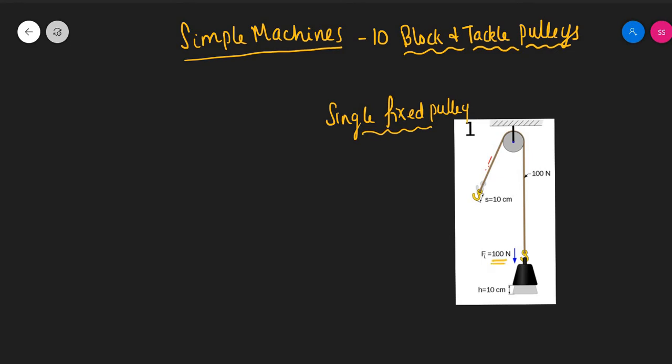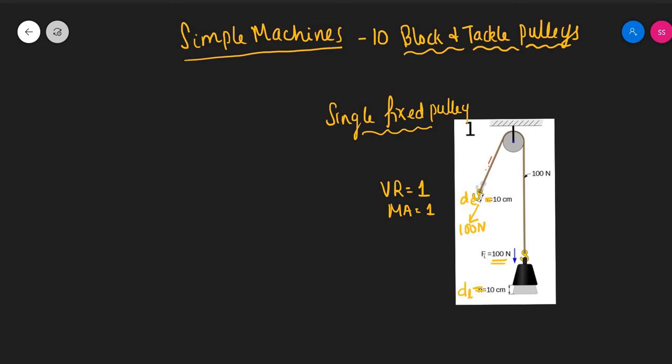As the load moves, the distance of the load is 10 centimeters, and your distance of effort is exactly 10 centimeters. So your velocity ratio is equal to 1, and your mechanical advantage is also equal to 1. So the effort that you're putting in is exactly 100 Newton.